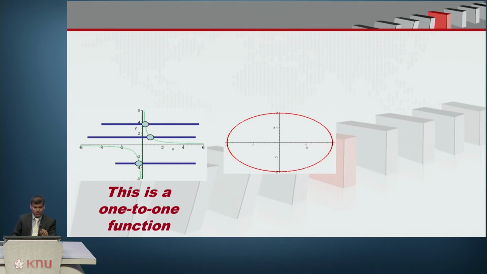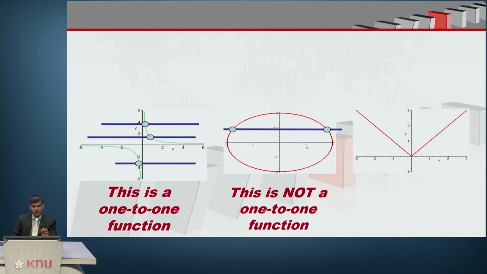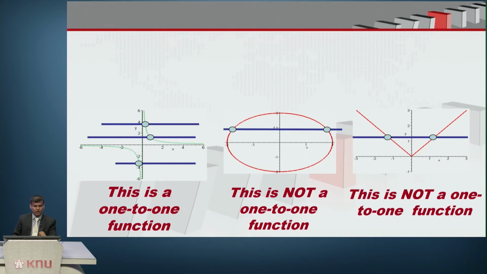This is a one-to-one function example, and this is not a one-to-one function. We have seen the previous examples there. And again, this one is not a one-to-one function, because for a unique value of y we have two x values, as we have seen earlier as well.